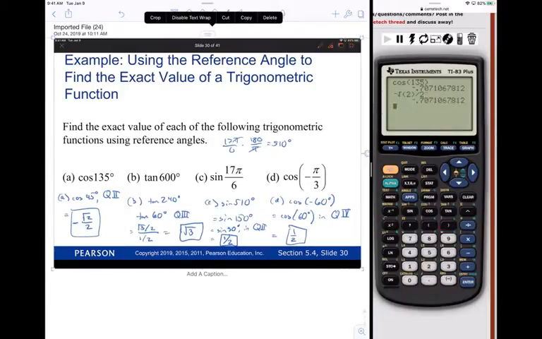Let's go ahead and do B, tan of 600. We're anticipating positive. And then we're just going to do the square root of 3 to confirm. Okay. Let's go back to radians now for the last two.